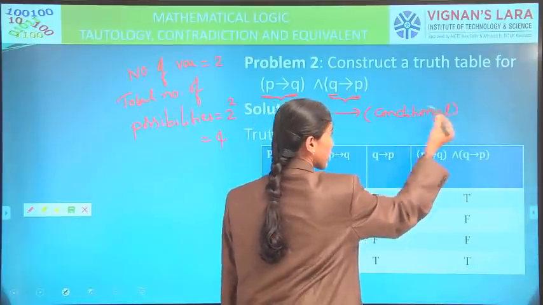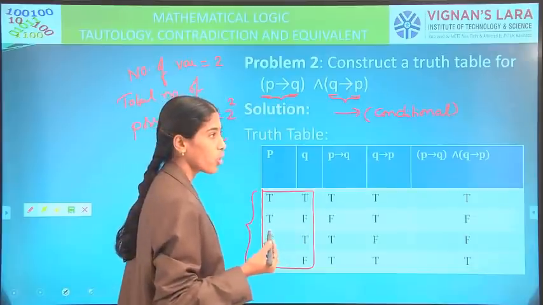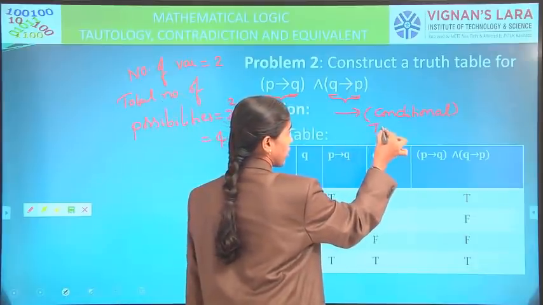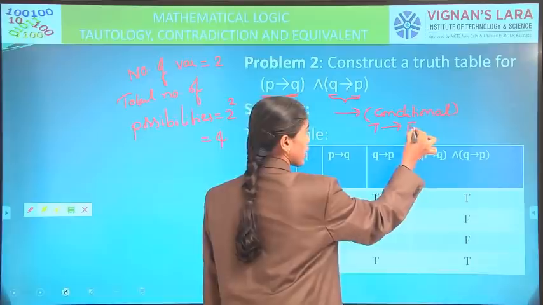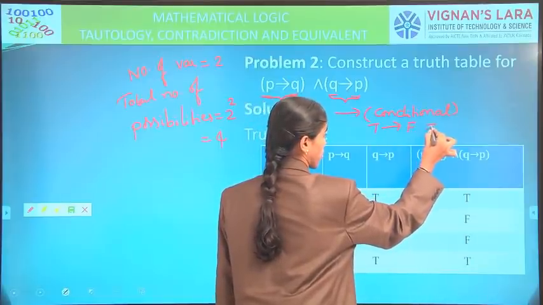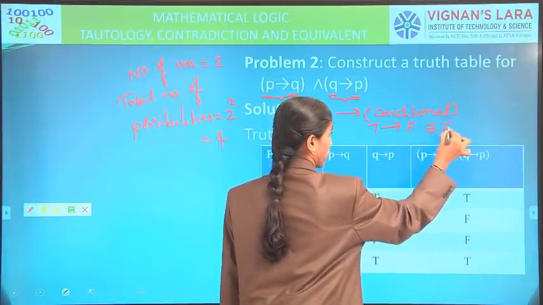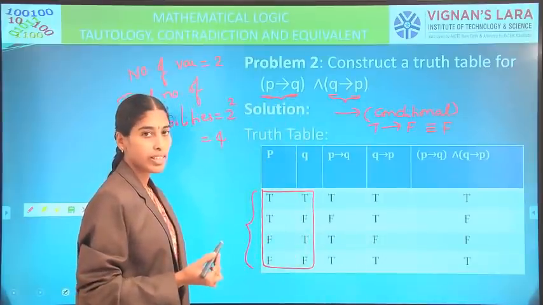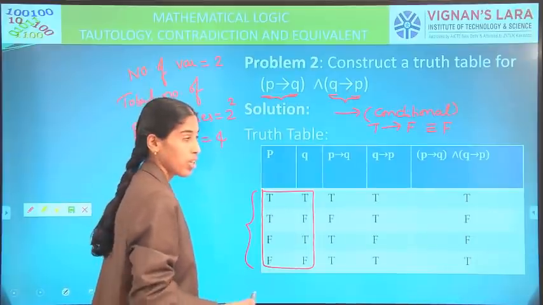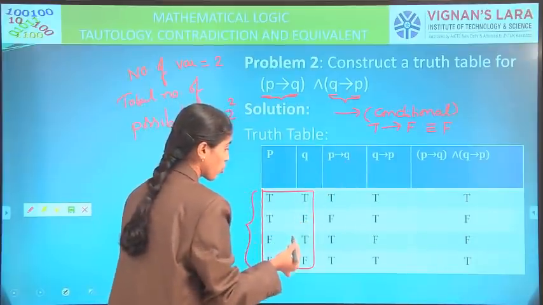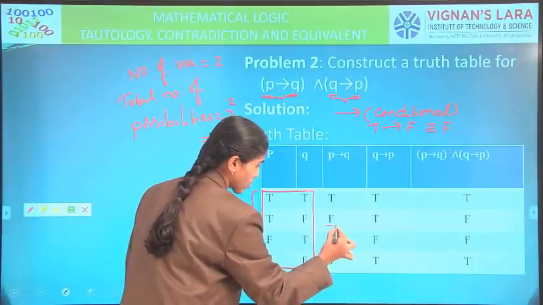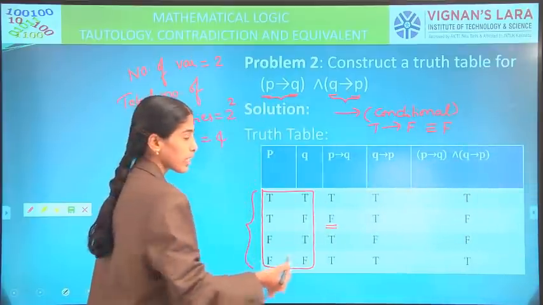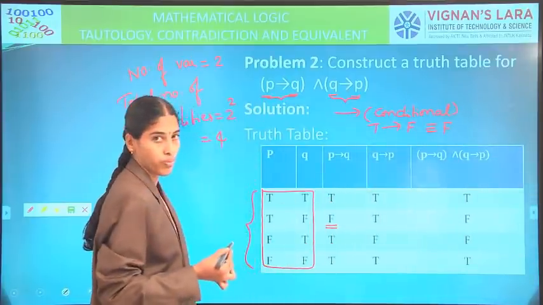In the conditional table, it is false only in one case, that is true conditional false is false. In all the other 3 cases, it is true. So, P conditional Q, only in the second case it is false. In the remaining cases, it is true.